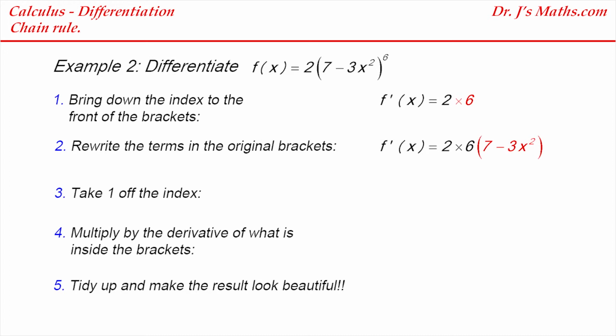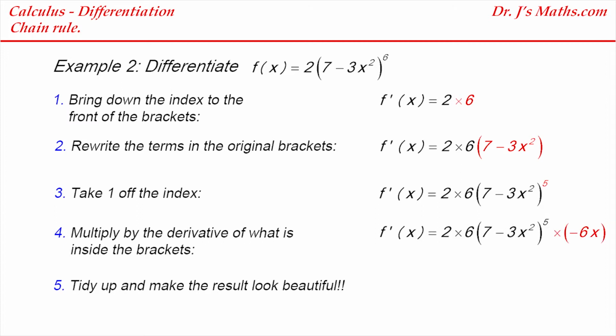Second step, rewrite the brackets. We have 2 times 6 and bracket 7 minus 3x squared, end bracket. Take 1 off the index, which was 6, so it becomes a 5. Then multiply by the derivative of what's inside the brackets. Derivative of 7 is 0. Derivative of minus 3x squared is minus 6x, and now tidy it up.